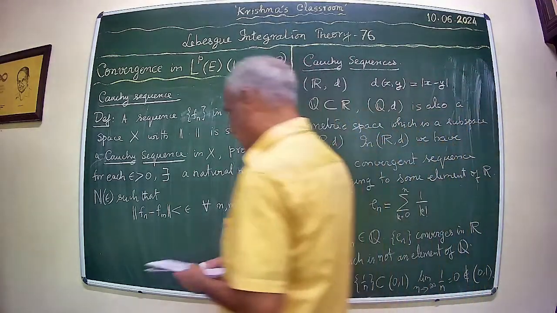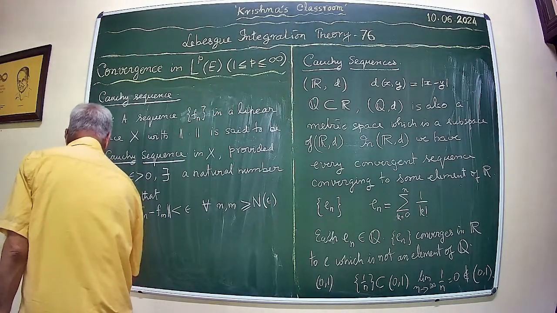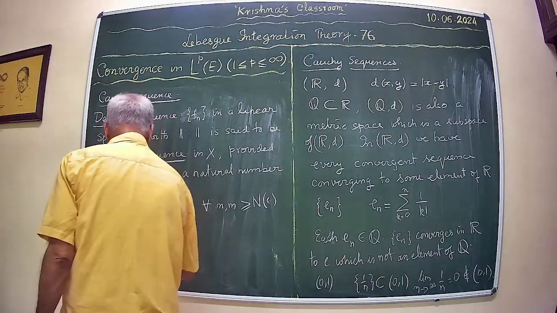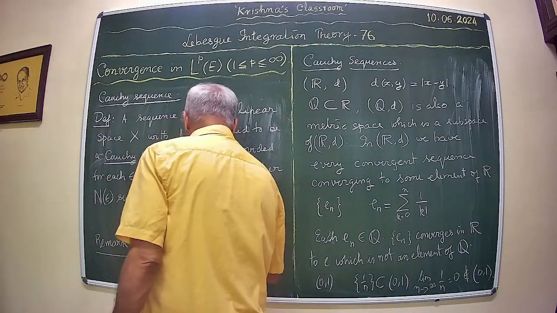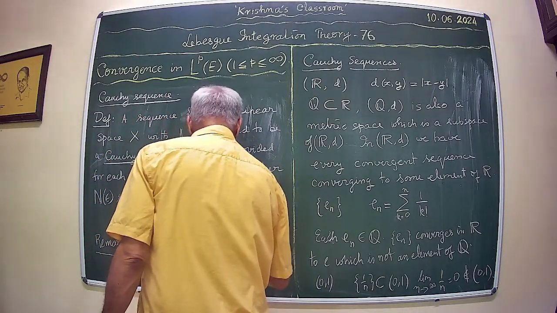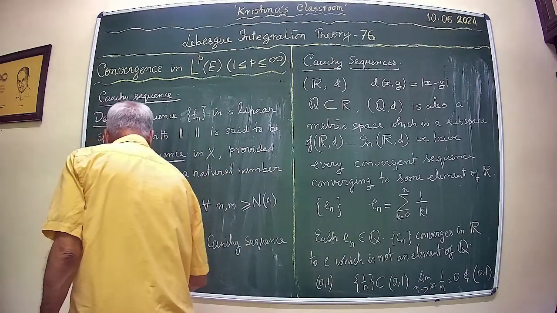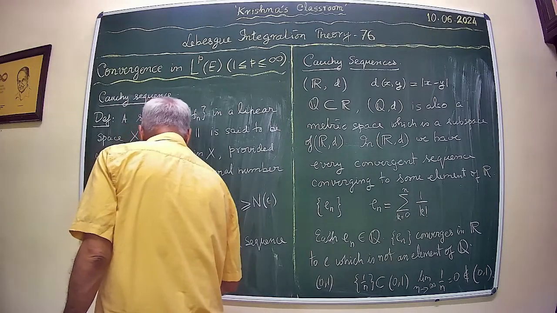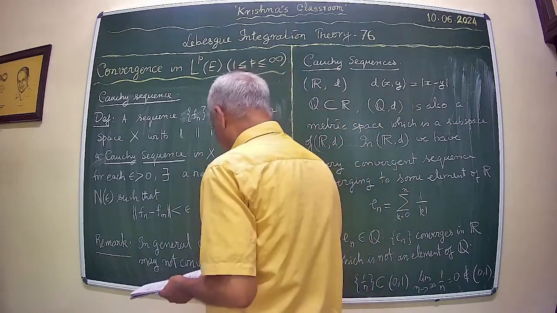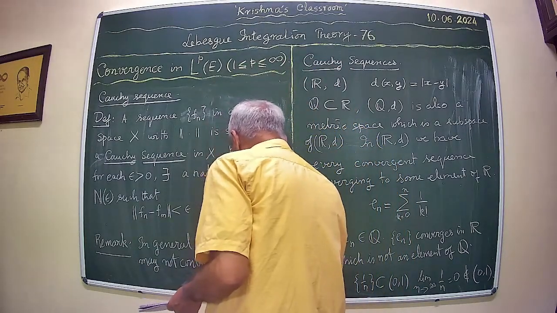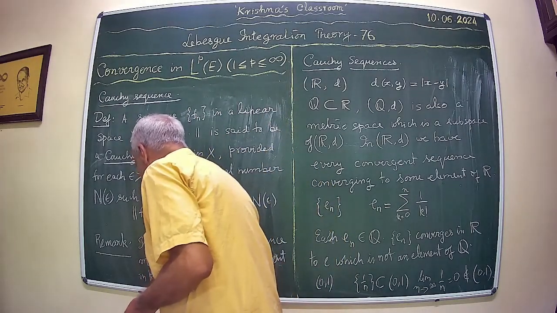So remark: in general, a Cauchy sequence may not converge to an element in the space.